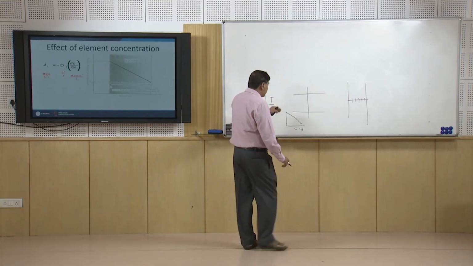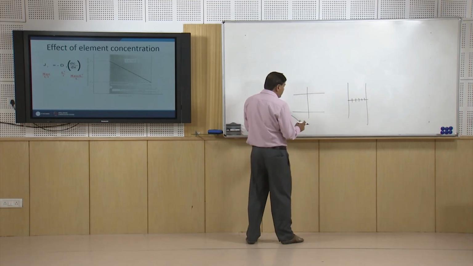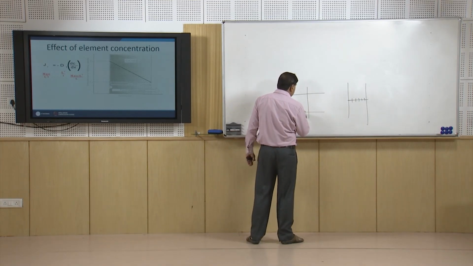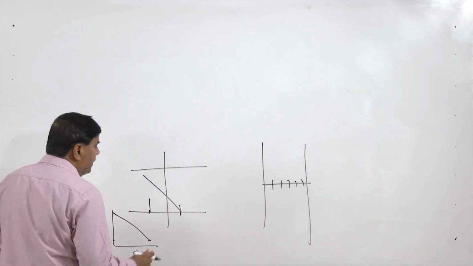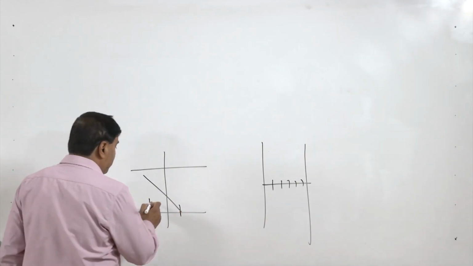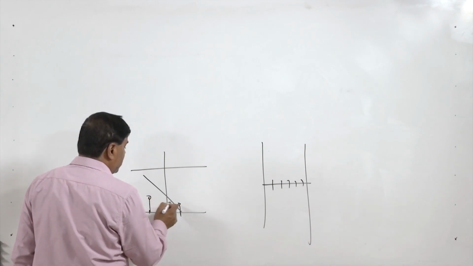So, the higher the concentration gradient between the two points for a particular element, the faster the diffusion will be as compared to the case when the concentration gradient is less.